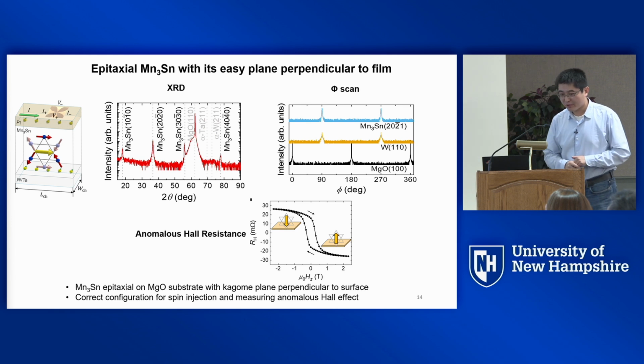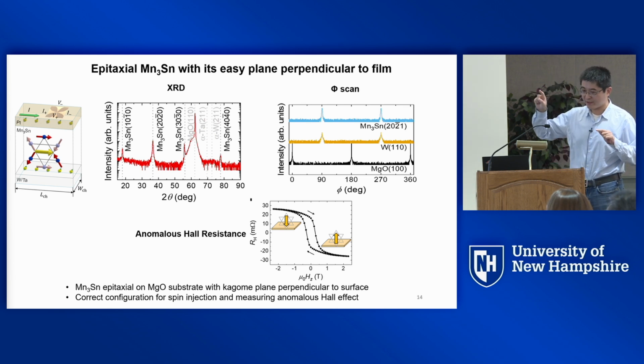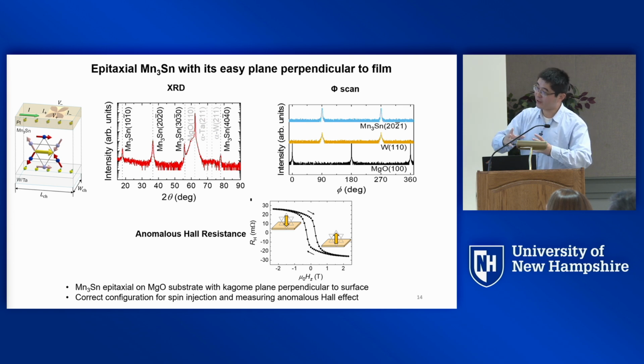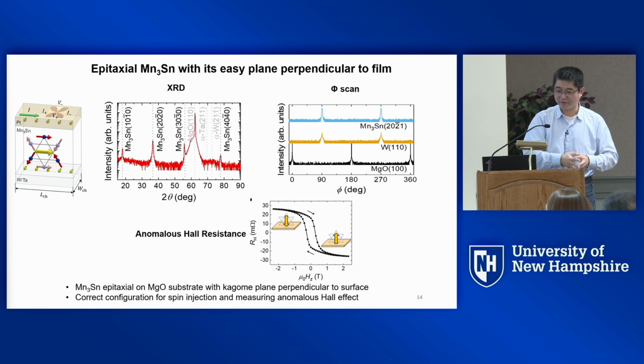Well, basically in order to rotate those three spin sublattices coherently, we have to grow the film in an appropriate configuration. If you do some analysis, you will find that there is only one configuration where the spin torque can exert a constructive influence on the three sublattices.